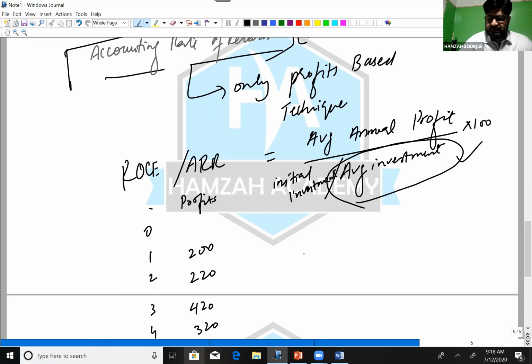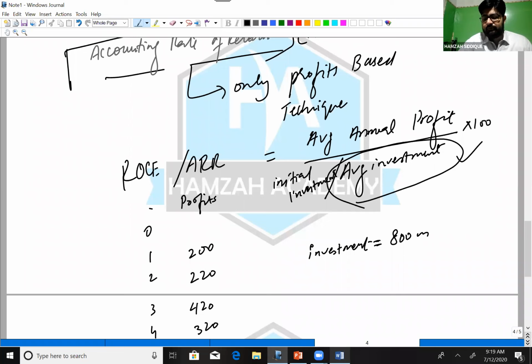The investment required in the project is 800 million, and the scrap value of the project is 200 million. So we need to calculate ARR.